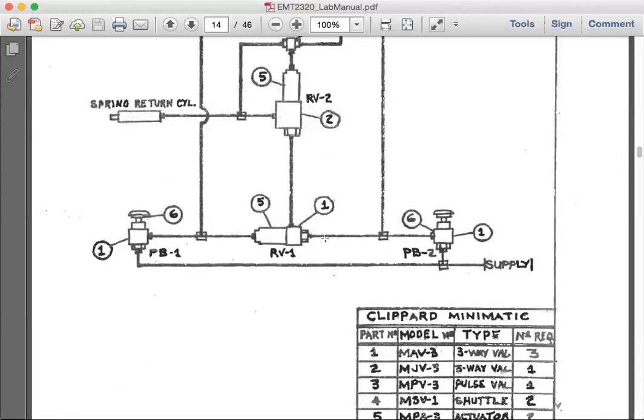Actually, on this diagram, it's also not the best way of naming the component. As I mentioned, each component should have a unique number. And as you can see, number 1 is assigned to 1, 2, 3 valves.